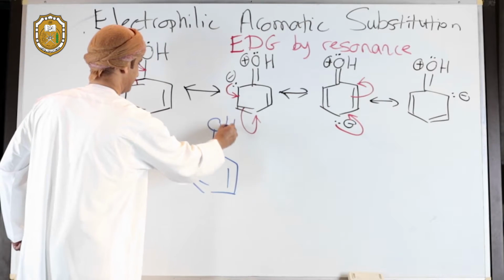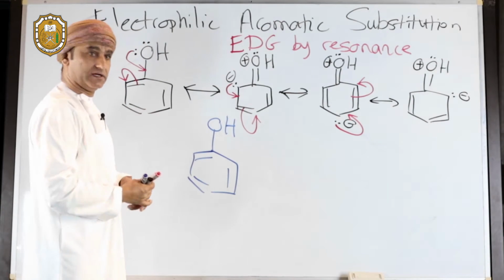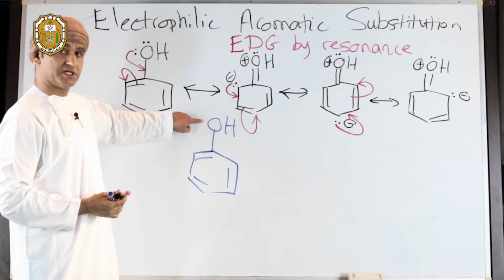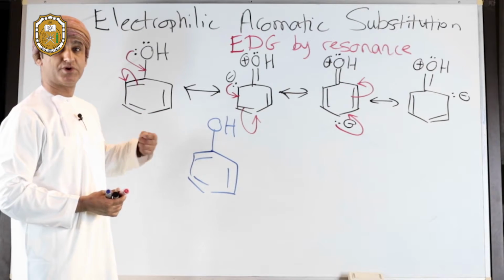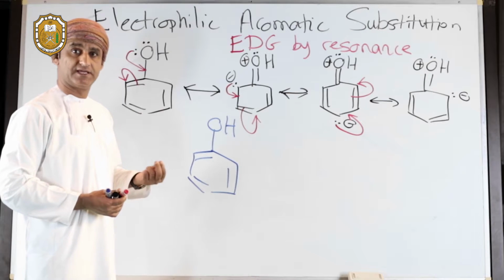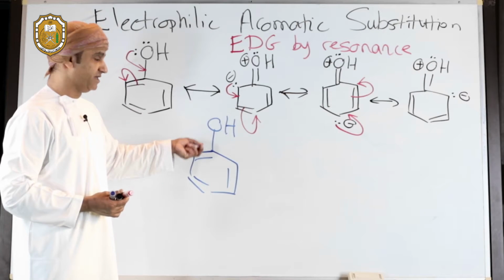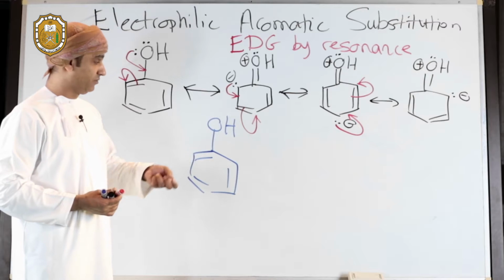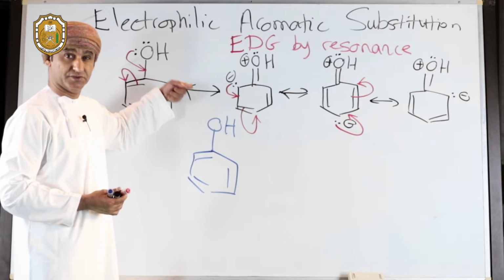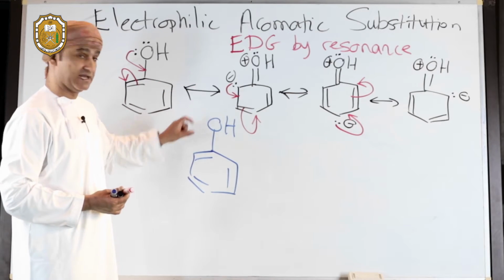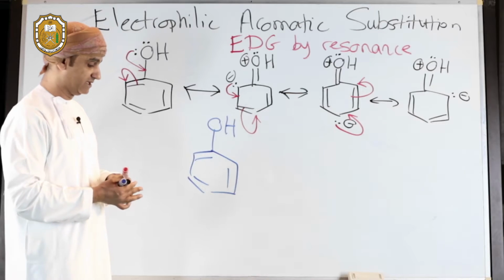This is phenol. Oxygen that's bonded to carbon is more electronegative than carbon in this oxygen-carbon bond. So therefore, oxygen pulls electrons or withdraws electrons toward itself in this covalent bond.